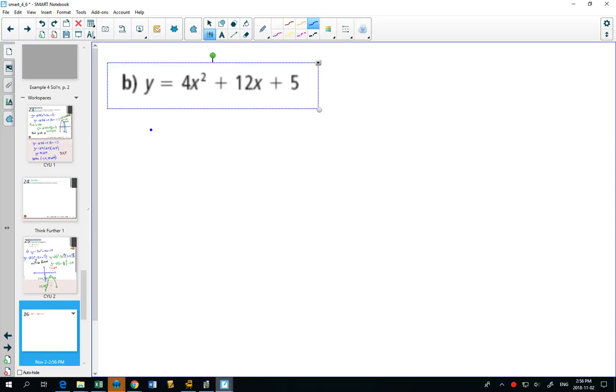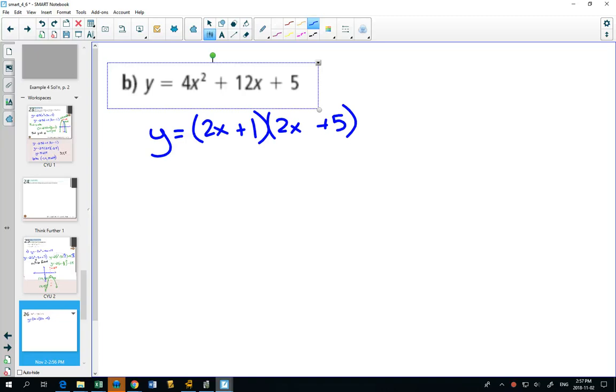Okay, but you don't have to factor your 4 out. That being said, so yes, I could factor this one, but it may be that you decide you don't want to factor that one because maybe these ones you're not as good at factoring. Right? So I'll do it the factored form, and I'll also do it the completing the square, and then you can decide which way would have been better for me in this case.